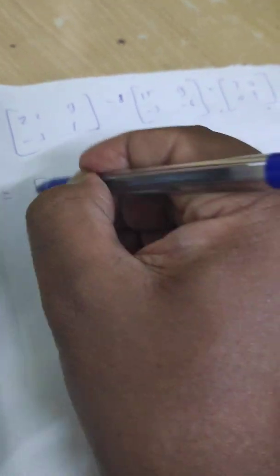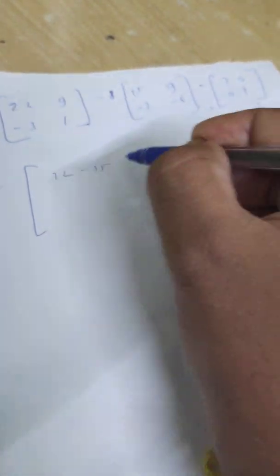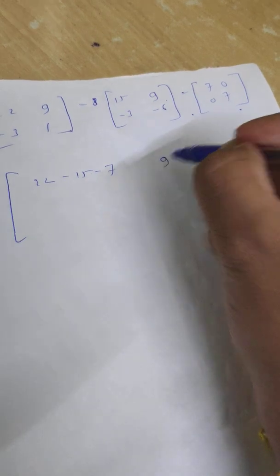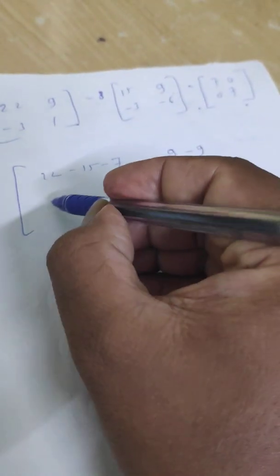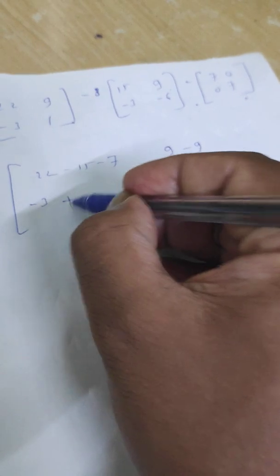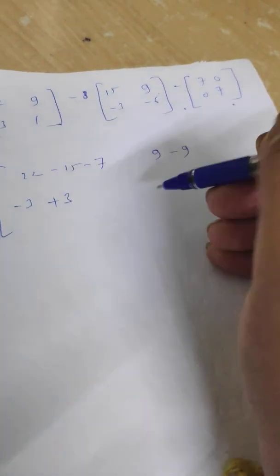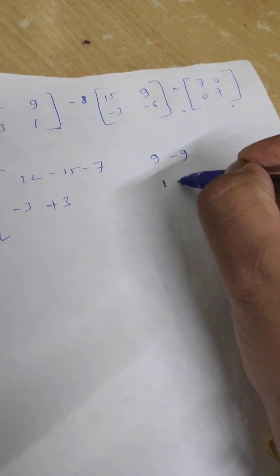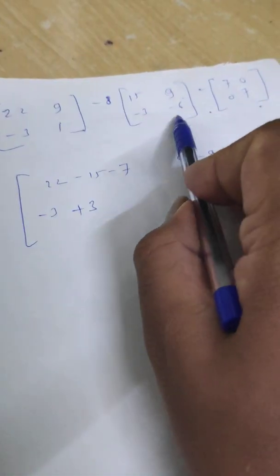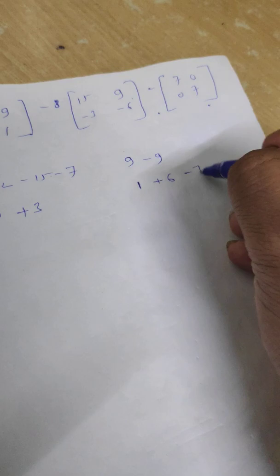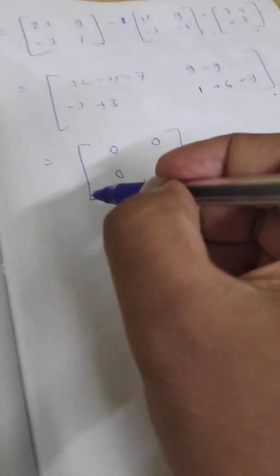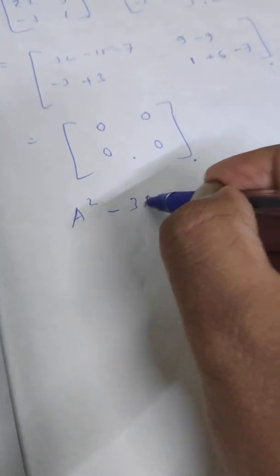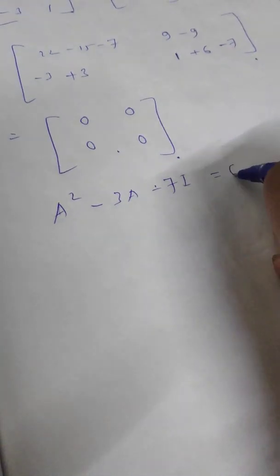This will be equal to 22 minus 15 minus 7, 9 minus 9, minus 3 plus 3, and the last one 1 plus 6 minus 7. So 22 minus 22 is 0, and all entries are 0. That means A square minus 3A minus 7I equal to 0.